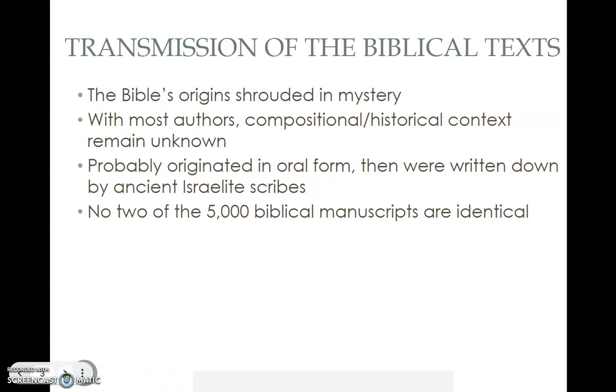Let's talk about the transmission of the biblical text, how they originated. Think about a book like Isaiah that has 66 chapters and covers a very wide span of several hundred years.